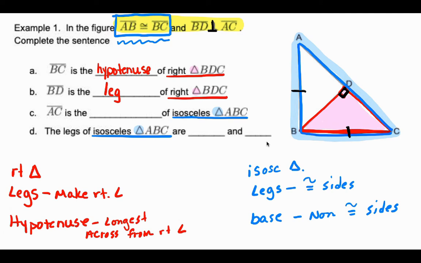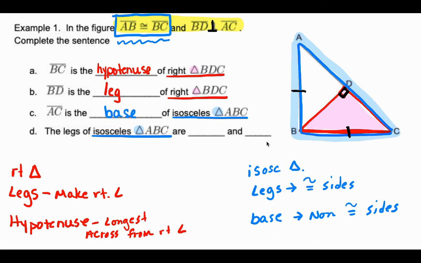So the legs of an isosceles triangle are the congruent sides, and our base is the non-congruent side. When we look at our information, the segment from A to C is not identified as being the same as any other side in that triangle. So since AC is not congruent to any of the other sides, it is the base.